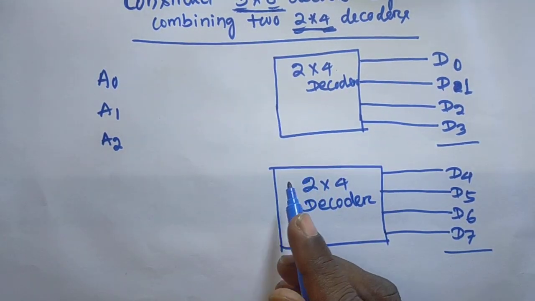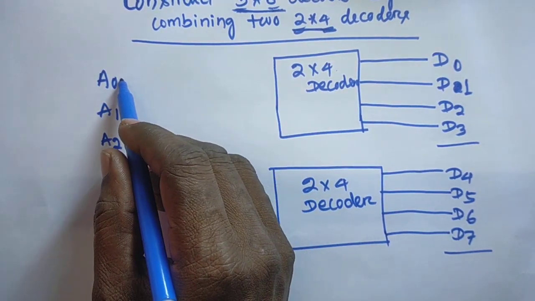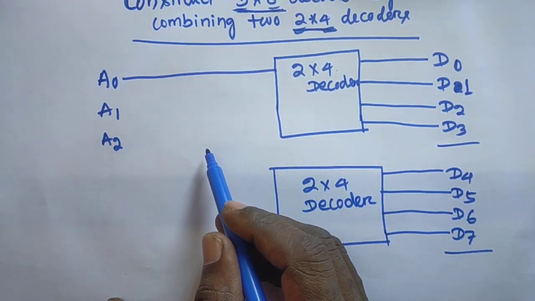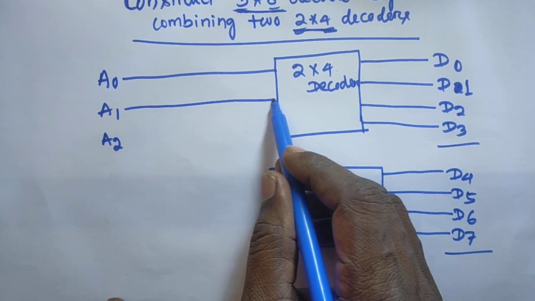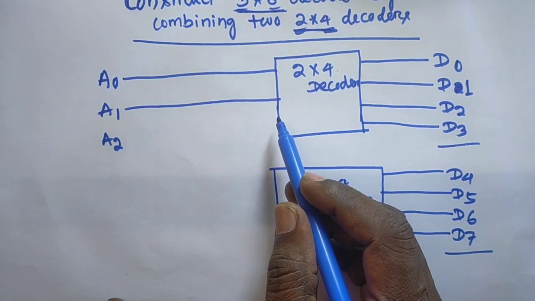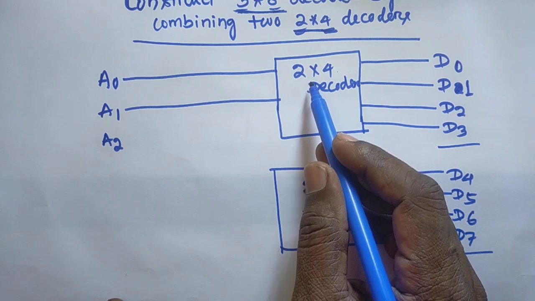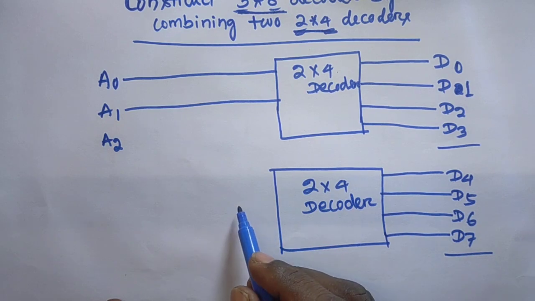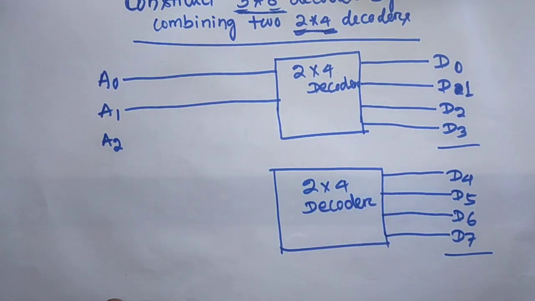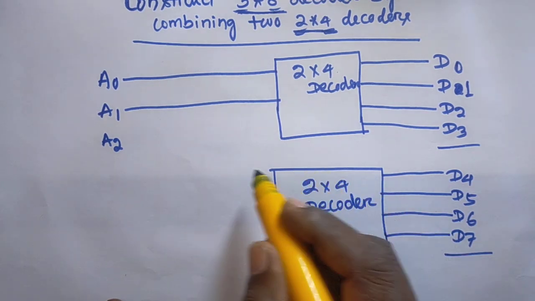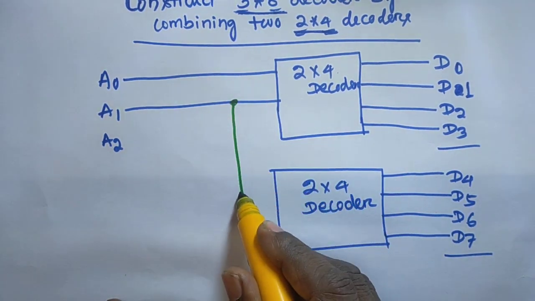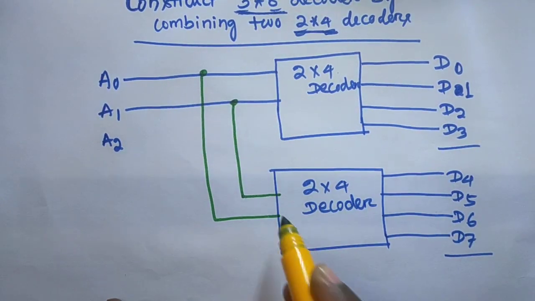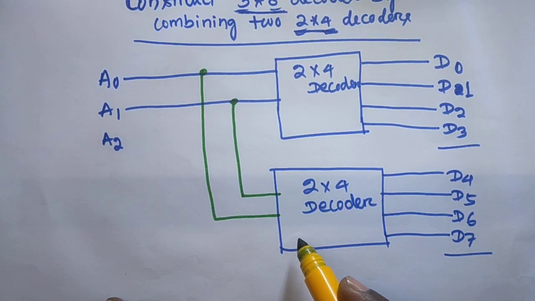For example, in a very simple way, we provide inputs directly to the first decoder, and similarly directly to the other decoder. Another way can also be defined here. This is the basic concept.